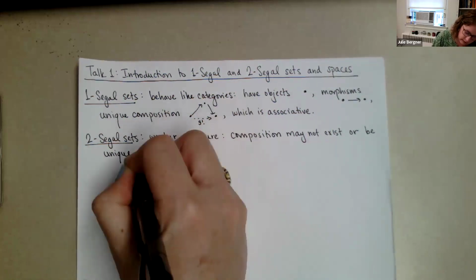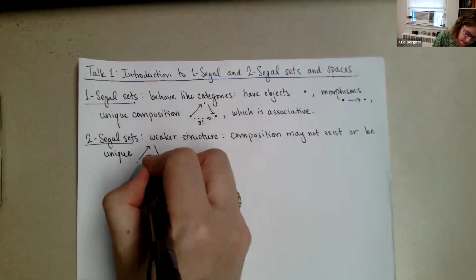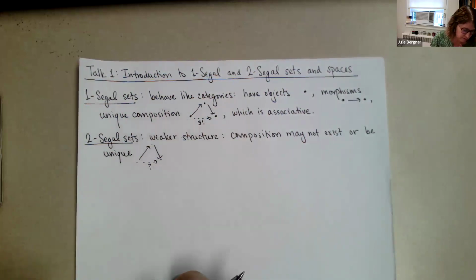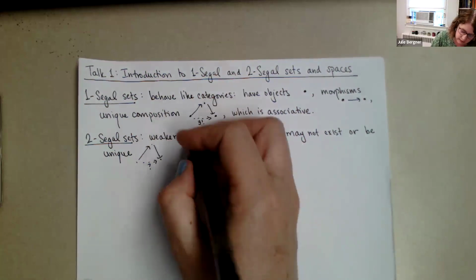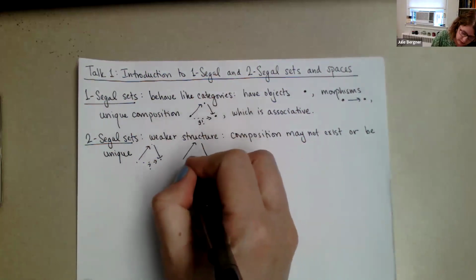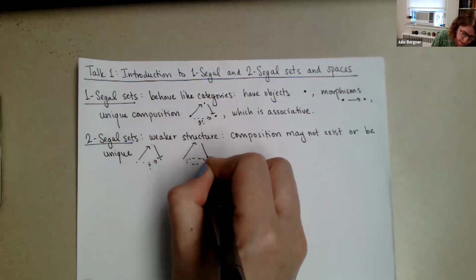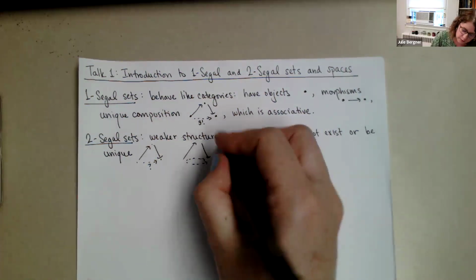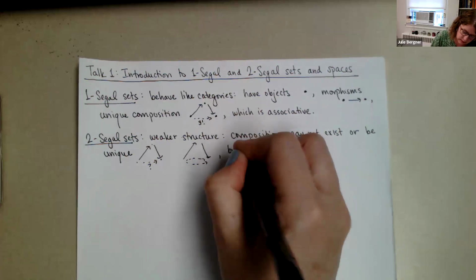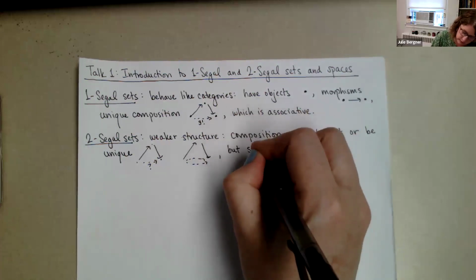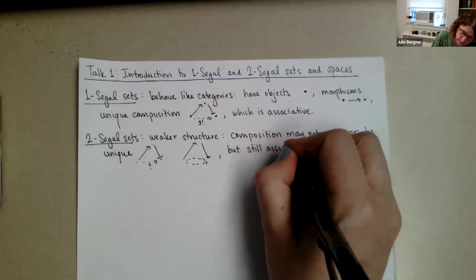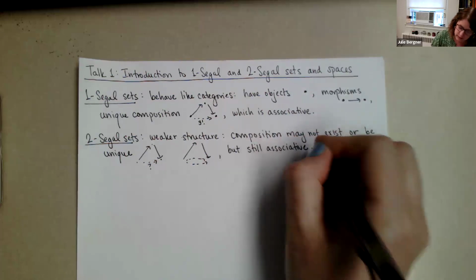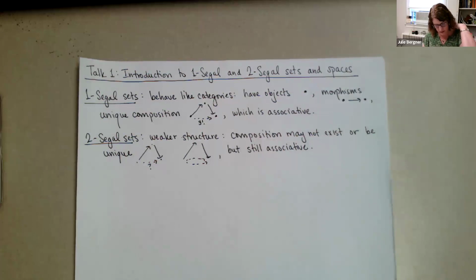So when we have a little configuration of morphisms like this, with a question mark, whether we can fill that in, it also could be that there are multiple ways to fill it in. But it is still associative. You may have some questions about what that means if composition is so up in the air, but we'll go into more detail about what that is. But this is just the idea.